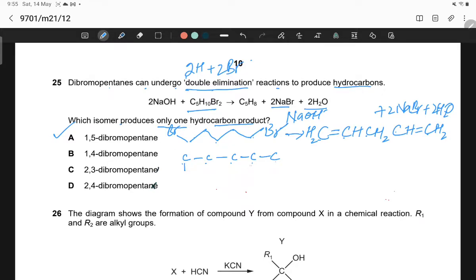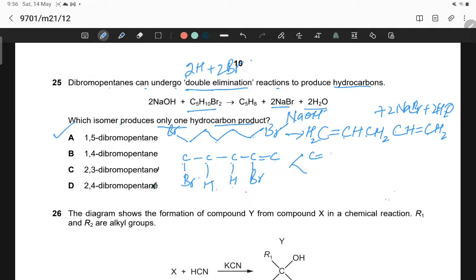This is 1 4. We mean two different products can be formed. Double bonds over here, H H. Two products could be formed.